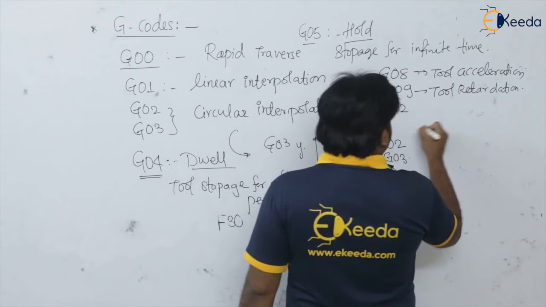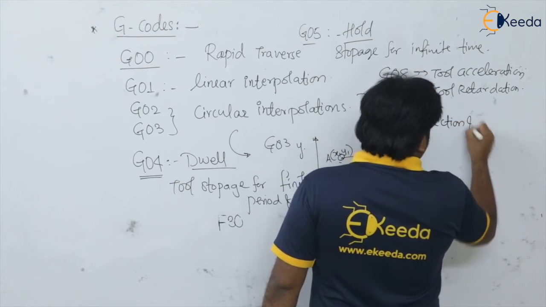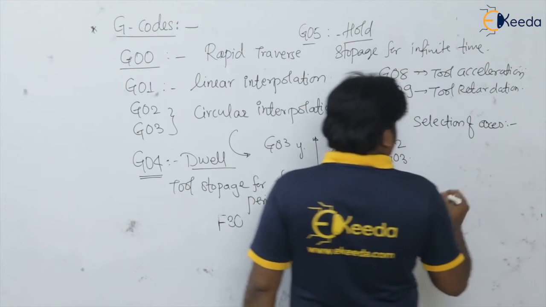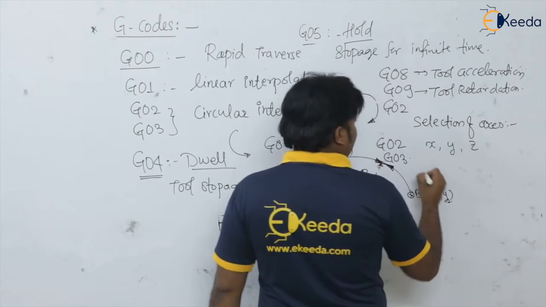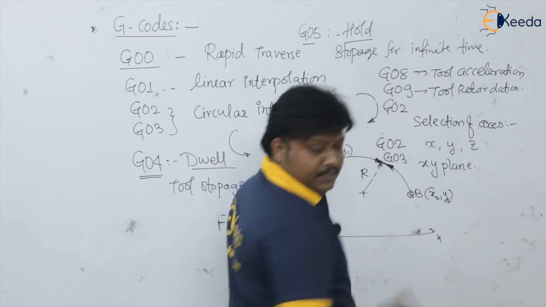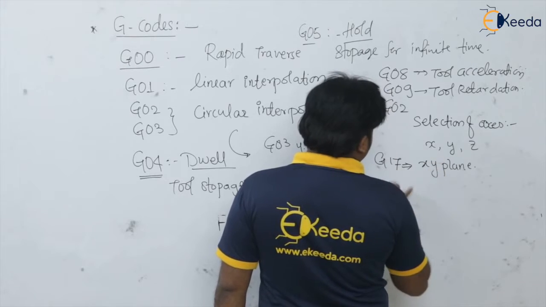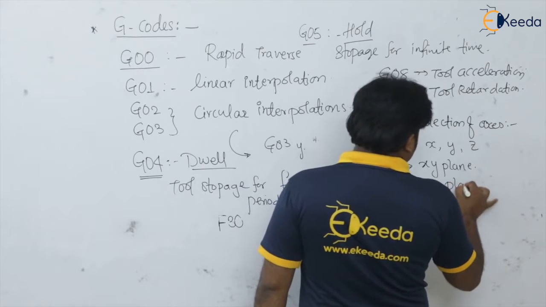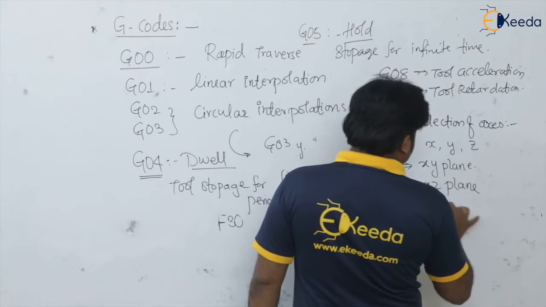Then we have the selection of the axis. We have the three axes X, Y and Z. When we are using the XY plane, G17 is used for the XY plane, G18 is used for the XZ plane, and G19 is used for the YZ plane.